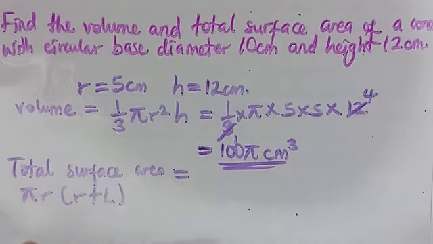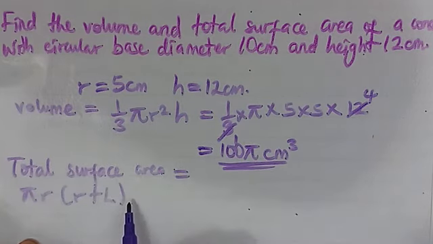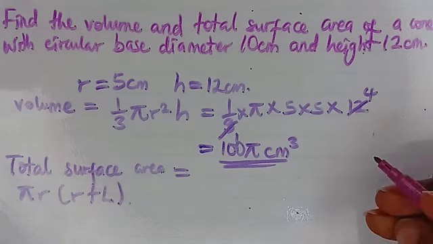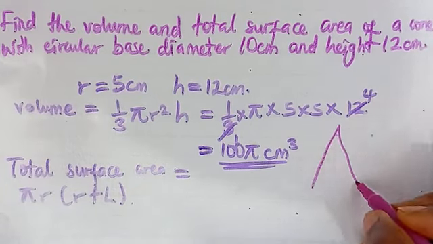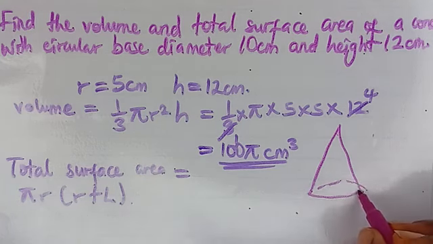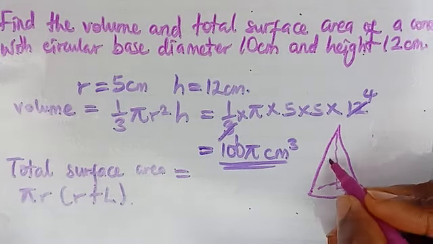In this case, we see that we don't have L as a statement given to us. So all we are going to do is draw this in perspective. So I'm going to draw this cone. And then this is of course the base. And this is the height. This is R. This is height.